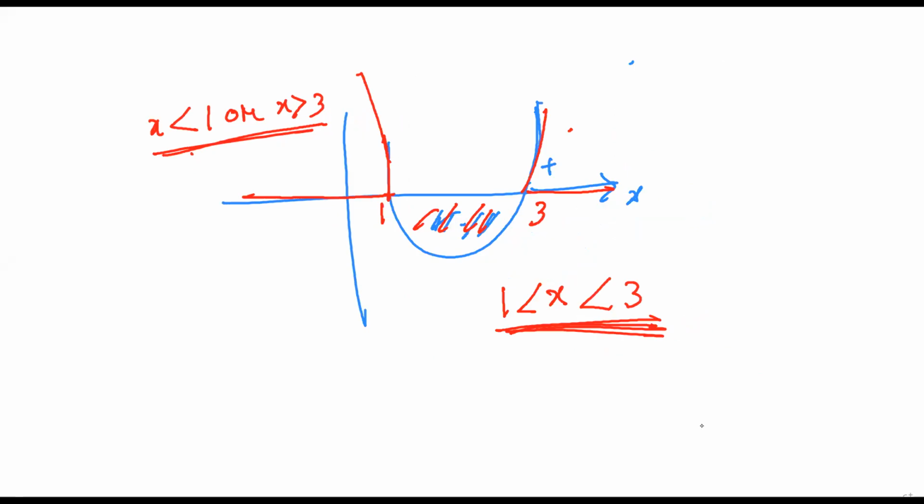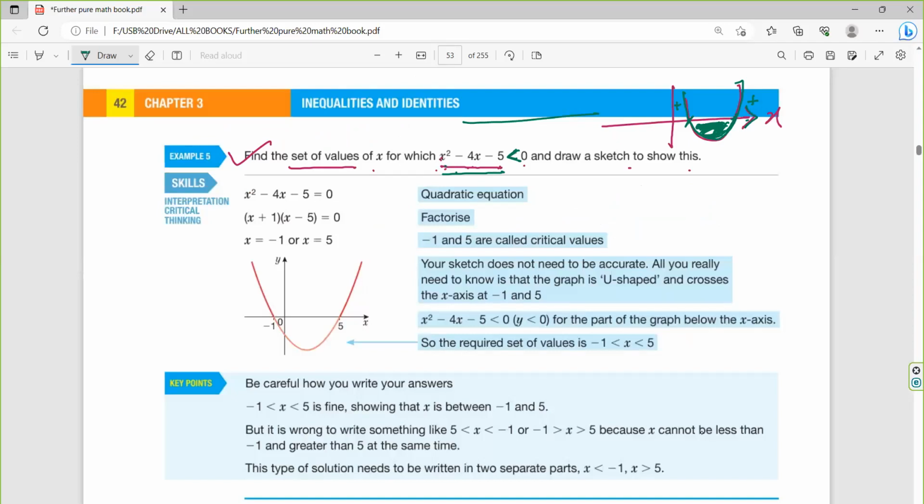Now see, this is our question, x square minus 4x minus 5 less than 0. What will you do? At first we have to solve this. What they ask us is where this curve is less than 0.